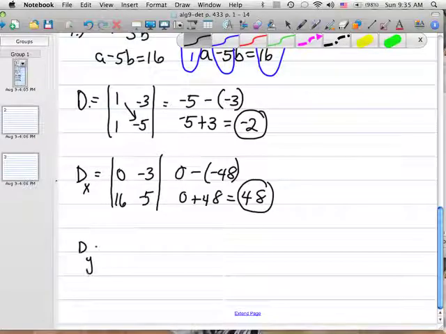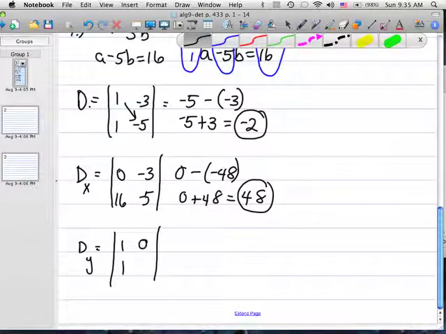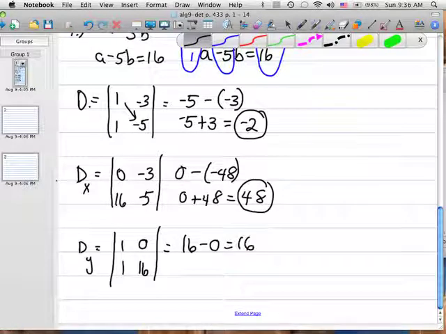Now D of Y, since I'm looking for Y, I leave the X column alone, and in the Y column I put in the constants 0, 16. Multiply 1 times 16 is 16 minus 1 times 0, so that just gives me 16.